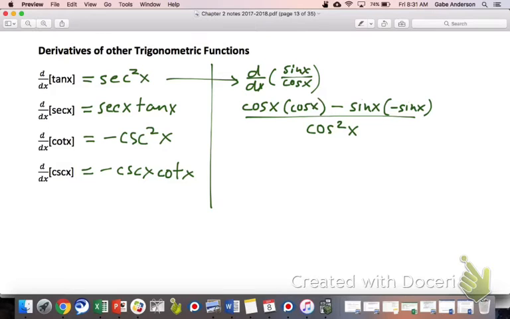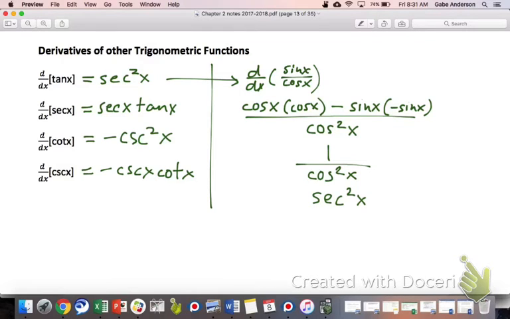Pythagorean identity, right? What's cosine squared plus sine squared? 1. So we can replace the entire top. This is like magical. As complicated as that looks, we can replace the whole thing with just a 1. 1 over cosine squared x. And the reciprocal of cosine is secant. And so we end up with secant squared of x.